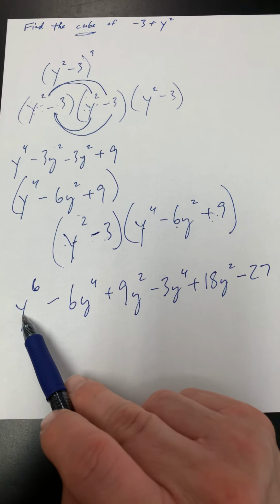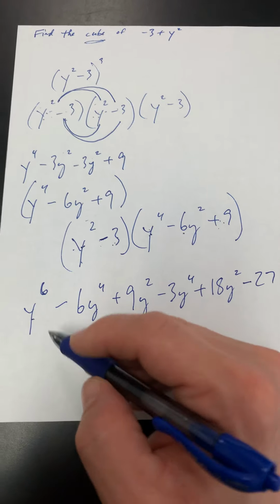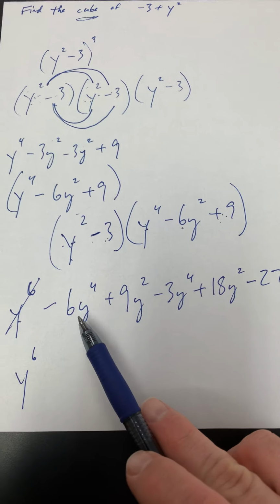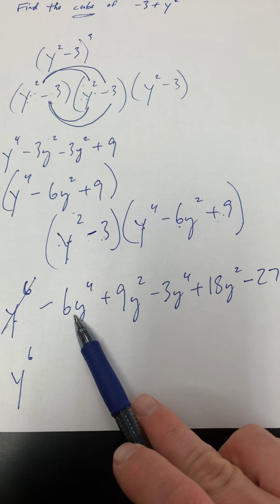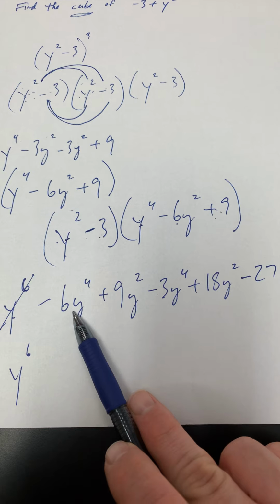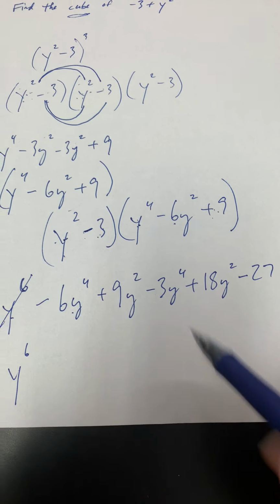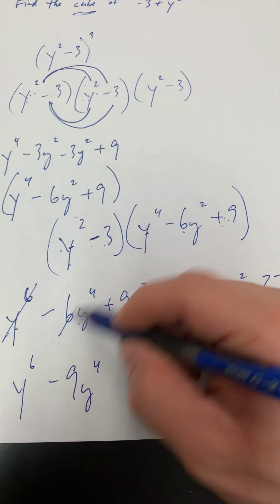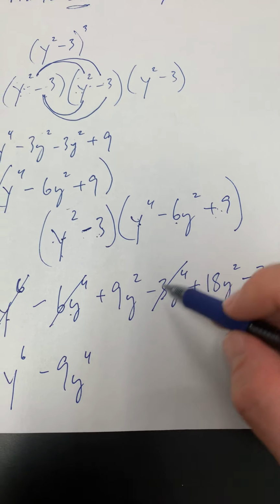All right, there is no y to the sixth term that this can be combined with, so I'll write that in my final answer. All right, -6y to the fourth and -3y to the fourth. So -6y to the fourth minus 3y to the fourth gives me -9y to the fourth. I'm not canceling them, but I'm done with them.